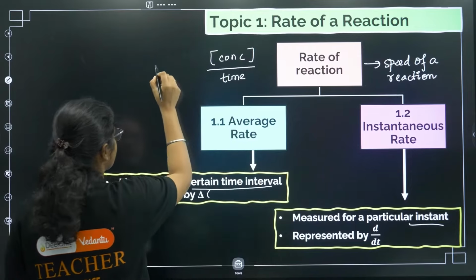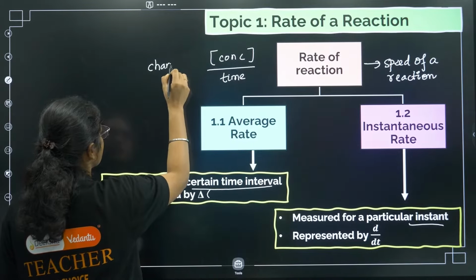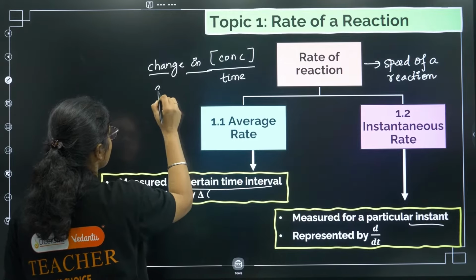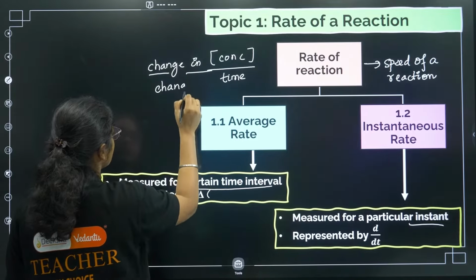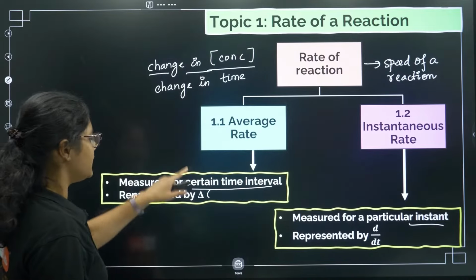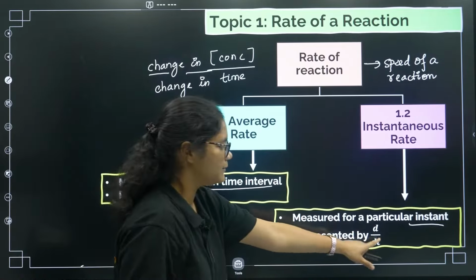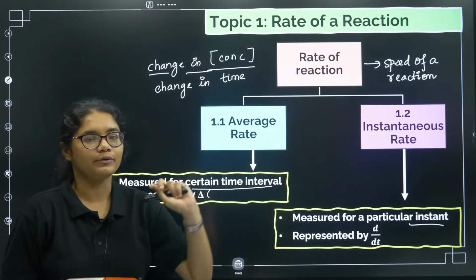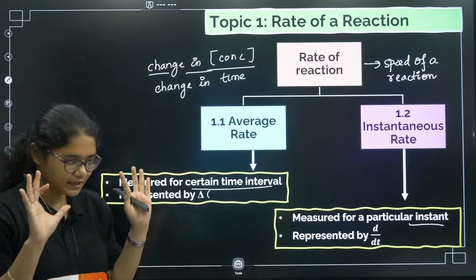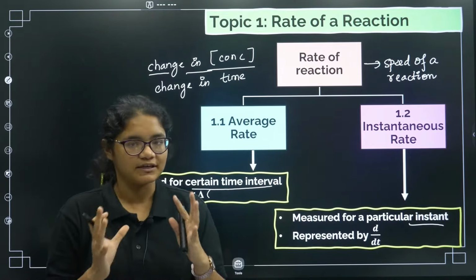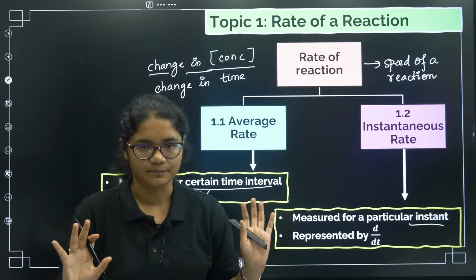I'll write it like this: change in concentration by change in time. Whether I need to put delta or d by dt depends on whether I want to calculate average rate or instantaneous rate. But basically, if you have started a reaction, the change in concentration divided by the change in time is called the rate of a reaction, clear?